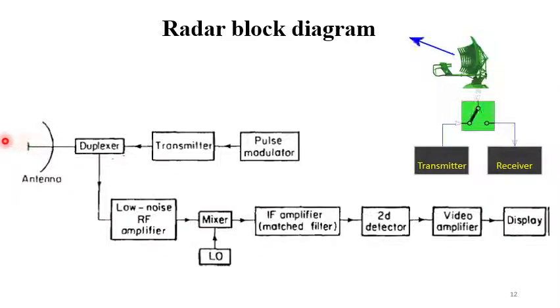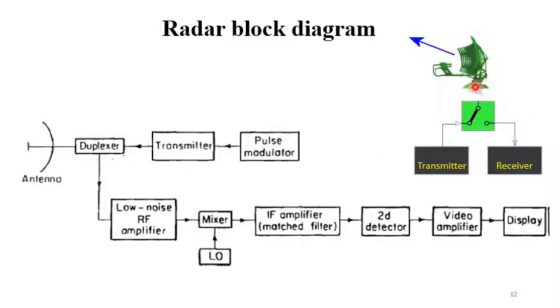Now the power will be radiated and some echo will come back through the antenna. Then the duplexer will route or switch that weak echo signal towards the receiver.